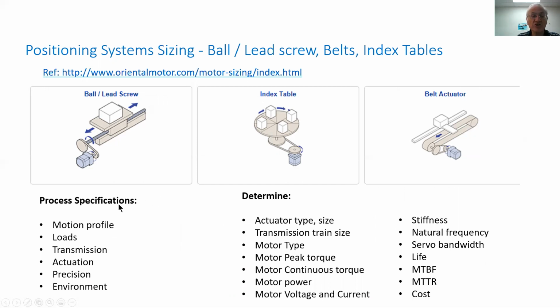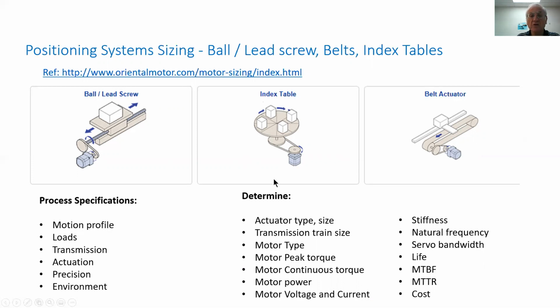Usually the specifications which are required in order to design a system like this, which is a more complex mechatronic system, include the motion profile which is required, the load, the transmission, the type of actuation, precision, and the environment.